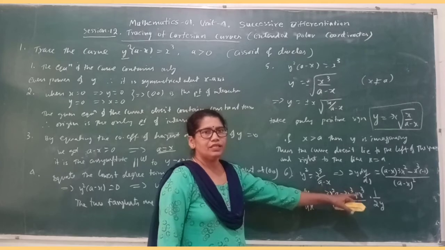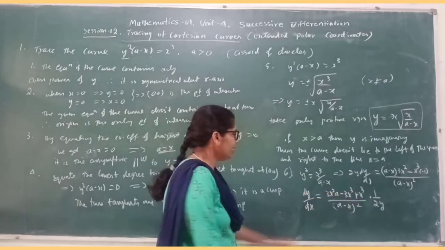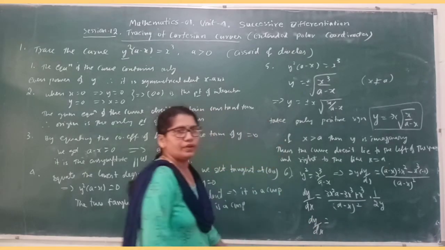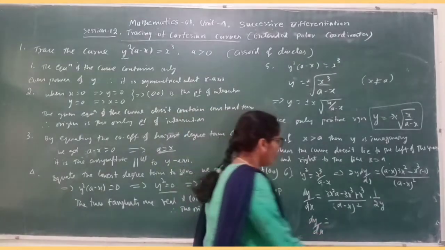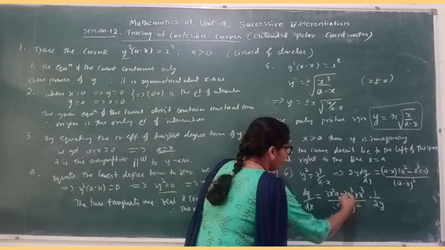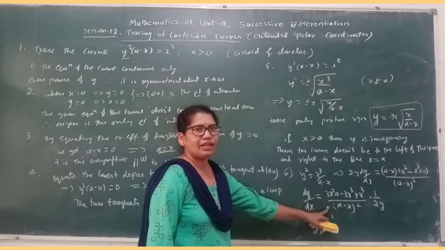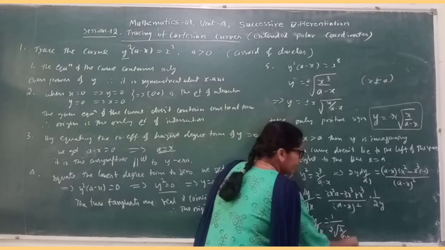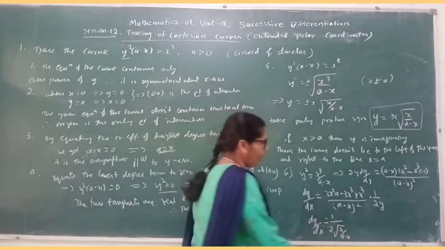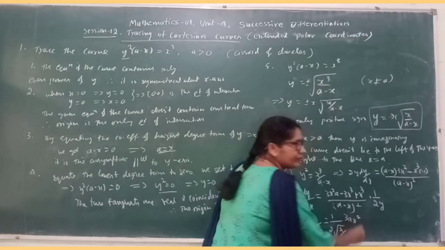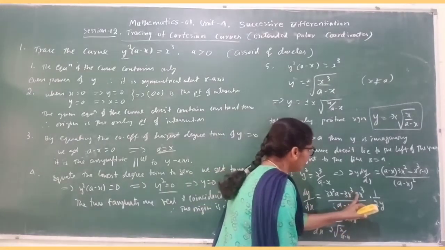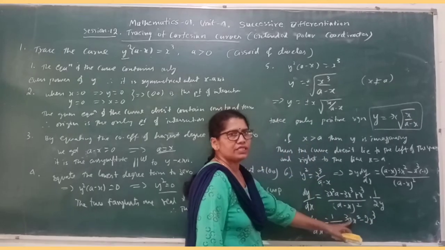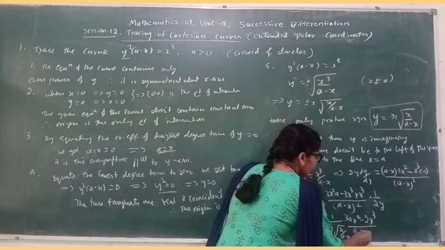Further simplifying this, I get dy by dx is equal to 1 by 2 into root of x by a minus x, total simplified term, into 3ax square minus 3x cube plus x cube, it is minus 2x cube by a minus x whole square.